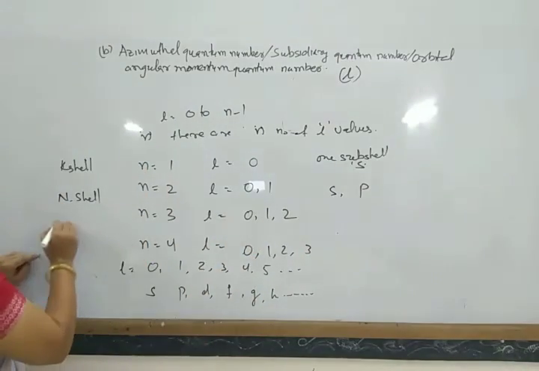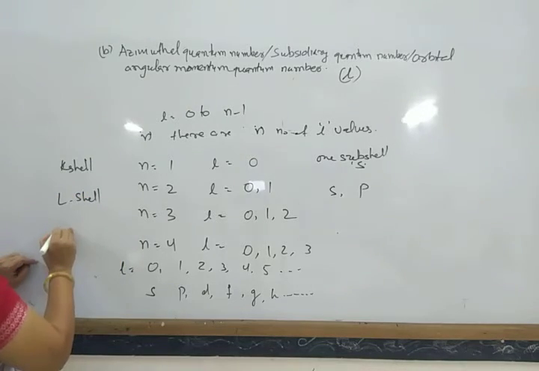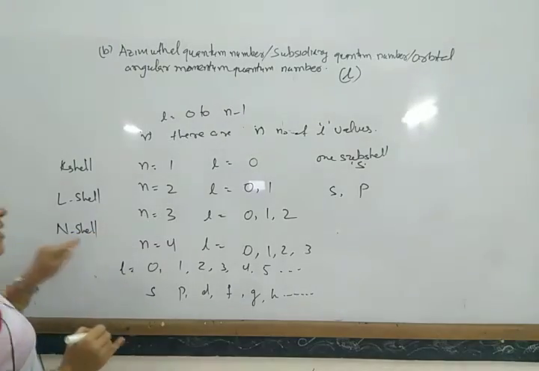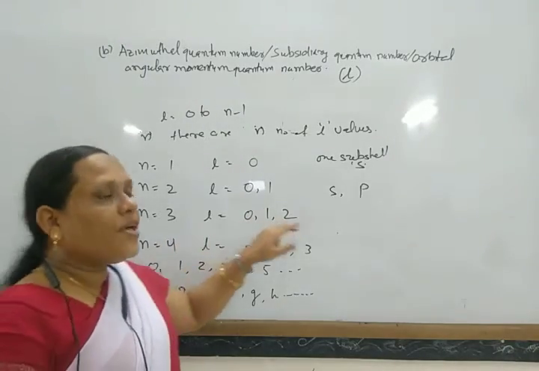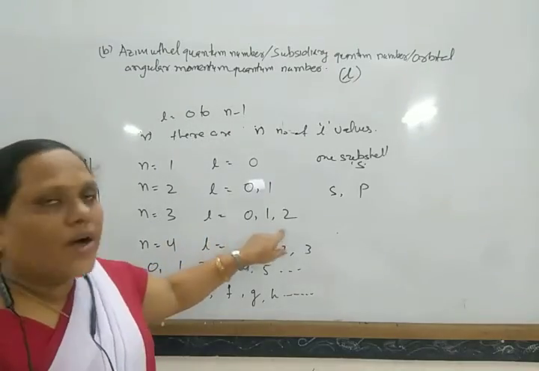Similarly, when n equal to 3, that is the M cell. This M cell consists of 3 subcells, that is 0, 1, 2.